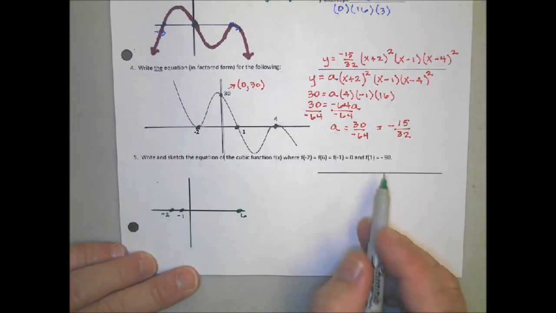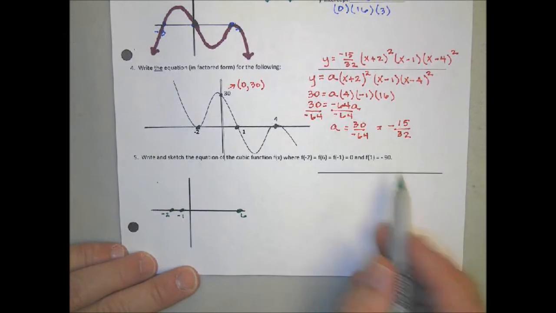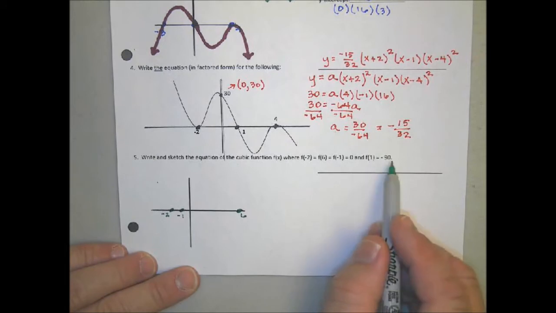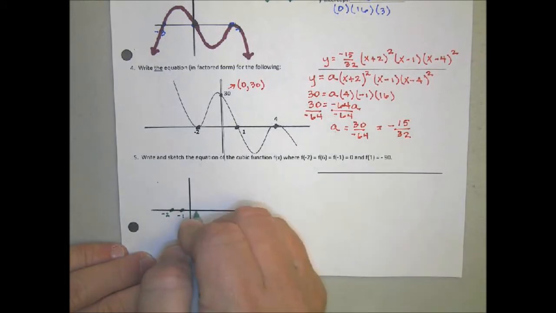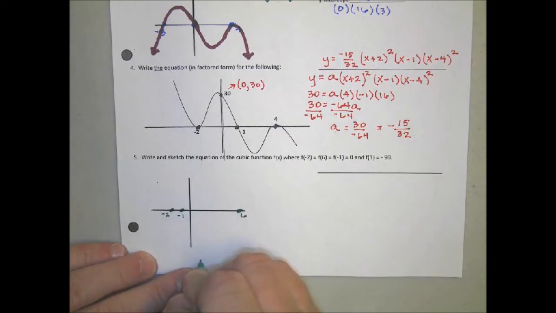Now, the other piece of information on this one isn't the y-intercept. It's a different point. F of 1 equals -90, so that means when x is 1, y is negative 90, so we're way down here somewhere. Okay. At 1, negative 90.